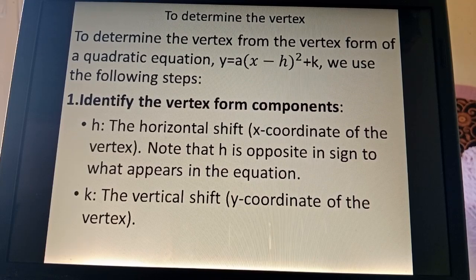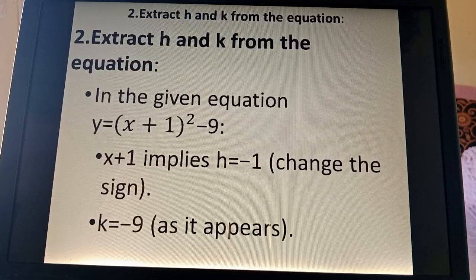k is the vertical shift, the y-coordinate of the vertex. Step 2, extract h and k from the equation. In the given equation, y is equal to (x plus 1) squared minus 9. x plus 1 implies h is equal to negative 1.